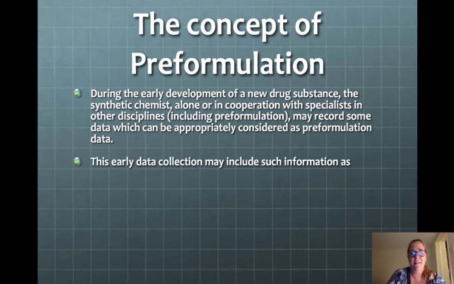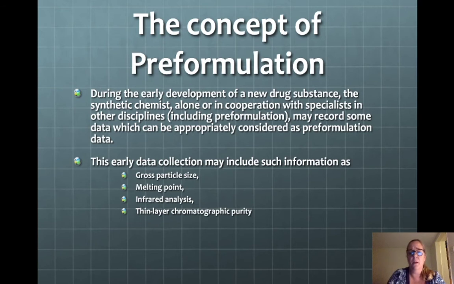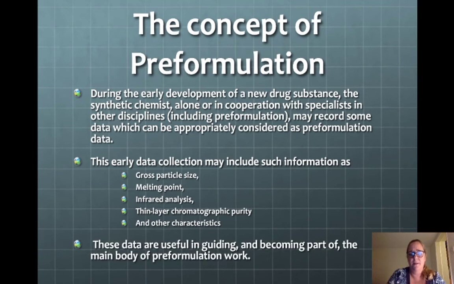This early data collection may include information such as the gross size, particle size, the melting point, the infrared spectra, so this is the infrared analysis. We also can do thin layer chromatography, which you've probably done before, and other characteristics. So this data is useful for guiding and becoming part of the main body of pre-formulation work.